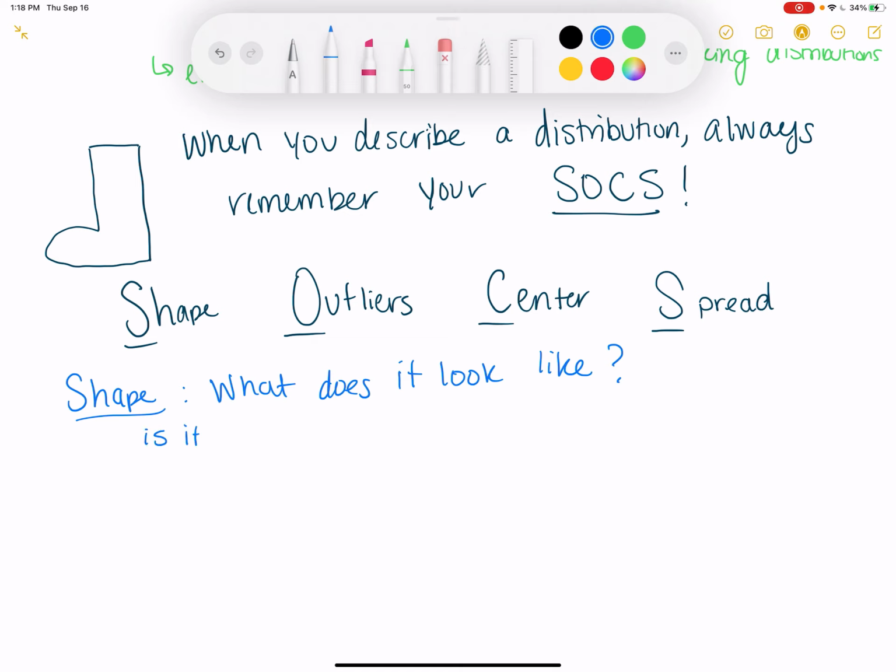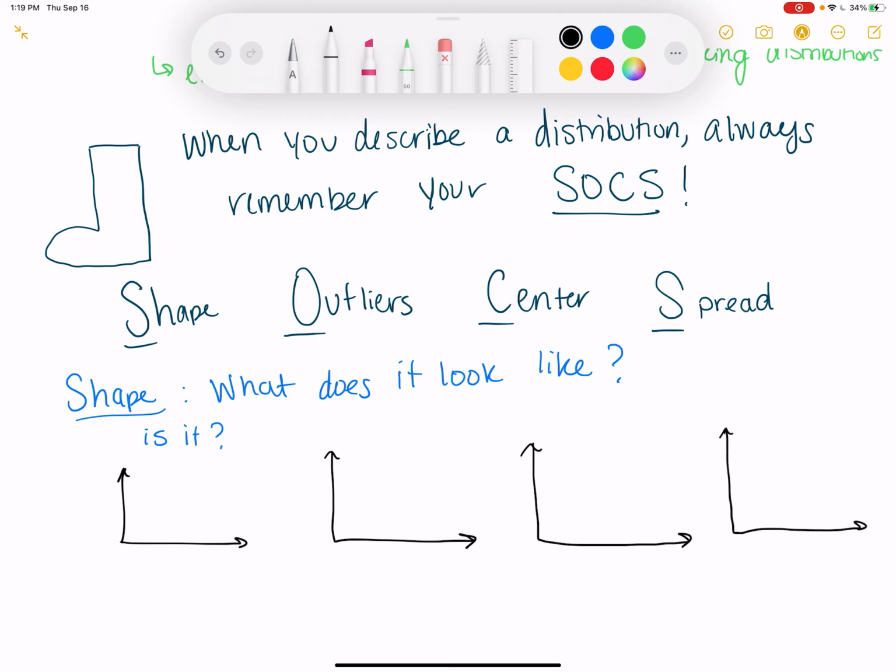All right, I'm going to draw 4 of these little thingies. Is that for each letter or just for shape? No, this is just for shape.